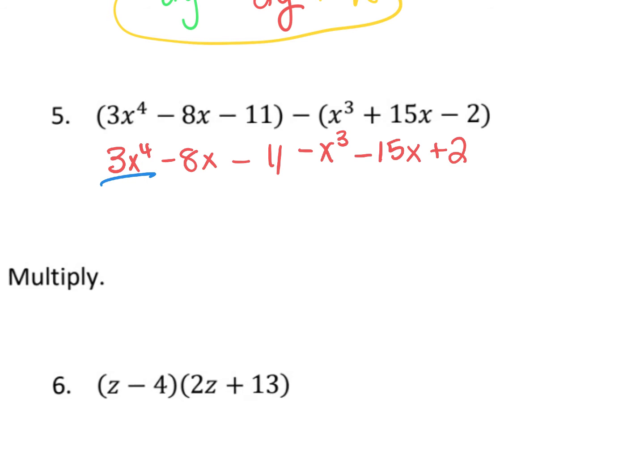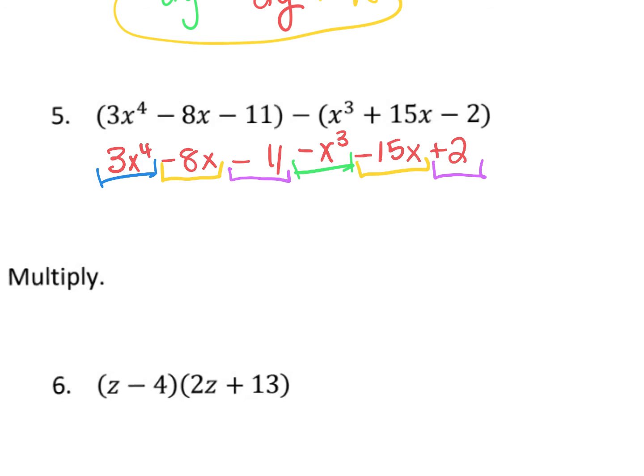So we have an x to the 4th. We have an x to the 3rd, or a negative x to the 3rd, I should say. We have a negative 8x, a negative 15x, and we have a negative 11 and a positive 2.